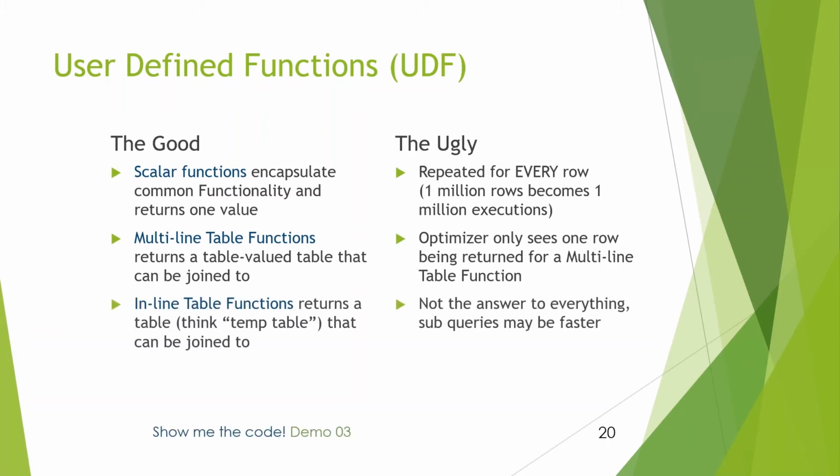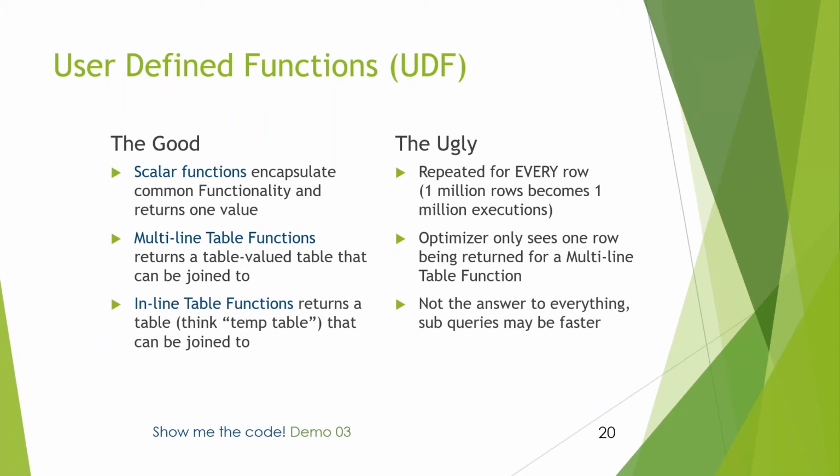Inline table functions are going to have a single select statement. No declare variables, no multiple select statements. You have to encapsulate it in one select statement. You can use CTEs in there, which is really nice. It does not return a table variable. Think about it like a temp table.